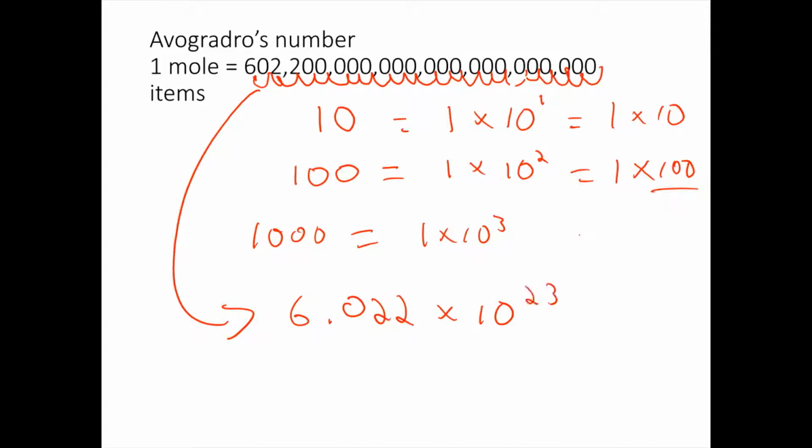It's 10 to the 23rd power, jumping from this decimal place. And we usually round to just 2 decimal places, so I would round down. And the mole is usually expressed as 6.02 times 10 to the 23rd. And we're talking about items, usually molecules, and this is equal to 1 mole.